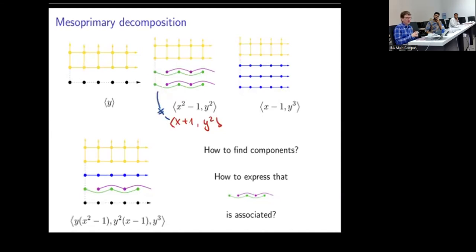At the moment, the binomials package will do the actual primary decomposition as far as it can over Q, if it's possible. If not, it will do something else. Let's not go into it, and not compute this canonical mesoprimary decomposition. So there are some differences.